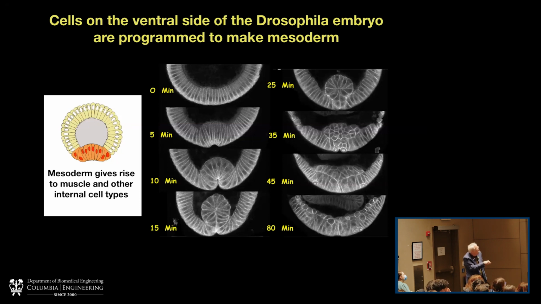In 10 minutes the cells move into the interior, and then eventually once they're in the interior they will begin to spread out over the surface of the ectoderm, having undergone an epithelial mesenchymal transition, to begin the first steps of making internal mesodermal structures.